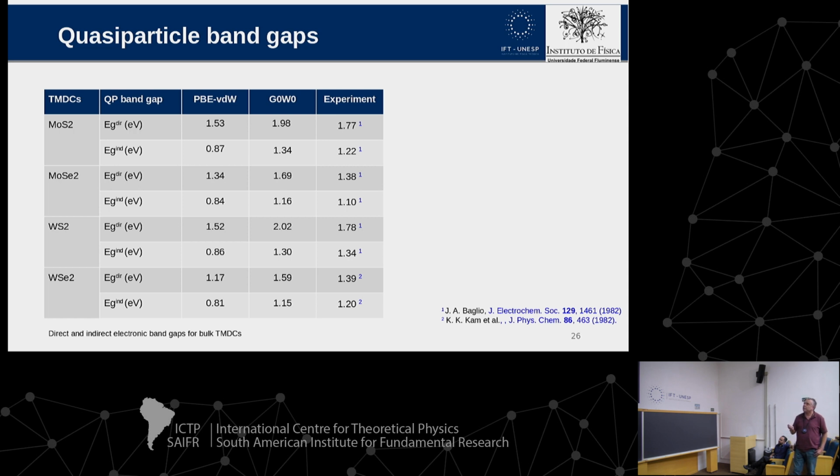If we compare the PBE results with the experiment, as expected, the results are very wrong. In general, they are very much smaller than experimental results. However, as expected also, for the GW calculations, we get a much better agreement between our calculations and experiments.